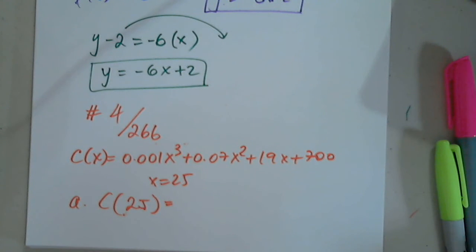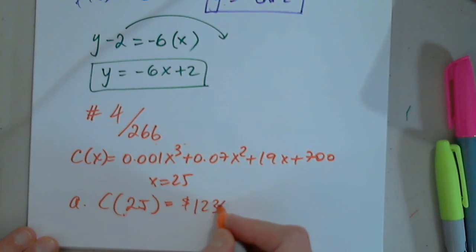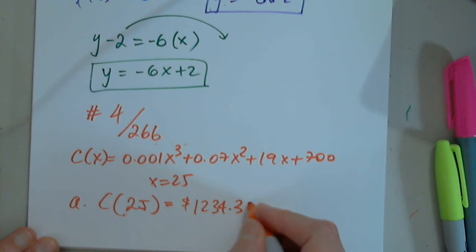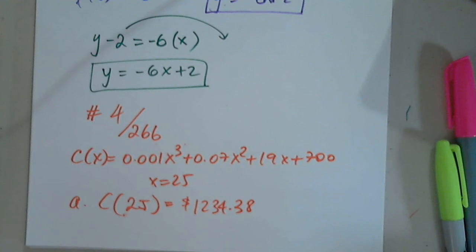And I plug in 25. I highlight, please go directly there to see everything. So the cost is 1234.38.